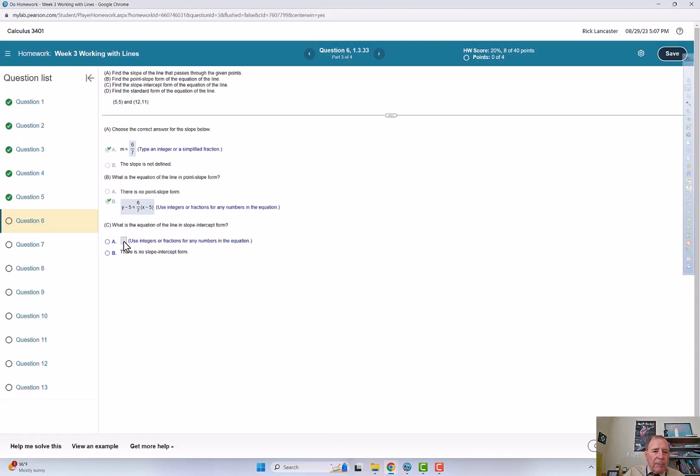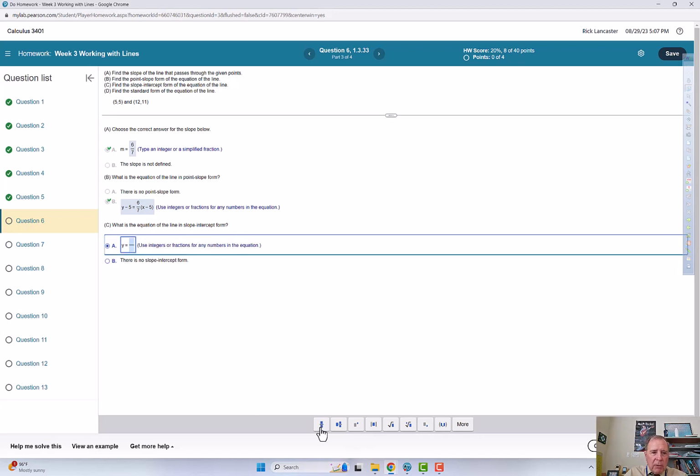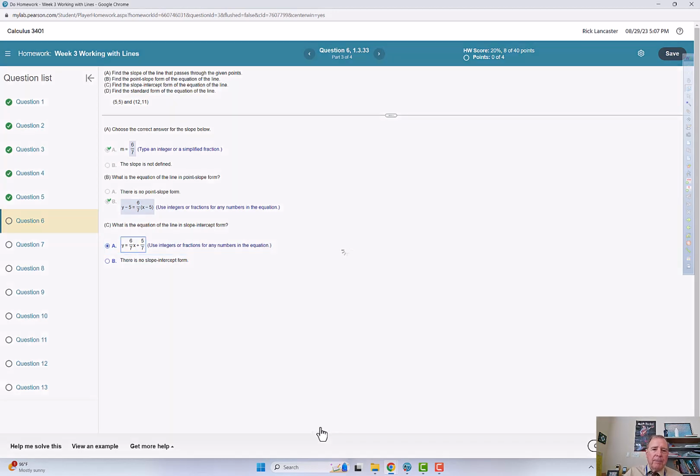And then slope-intercept form is going to be y equals the fraction 6/7, get out of the fraction, times x, and then plus another fraction, 5 over 7.